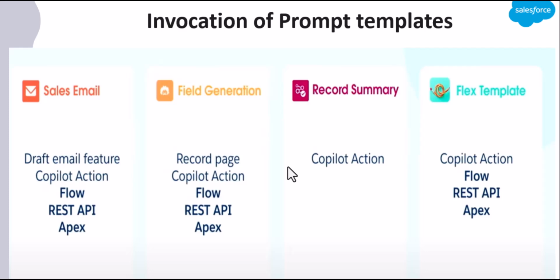After that, the record summary prompt template we can only invoke from the agent action that we have seen in the Agentforce employee agent. And after that, the flex template we can invoke from the agent action, flows, REST APIs and then Apex.